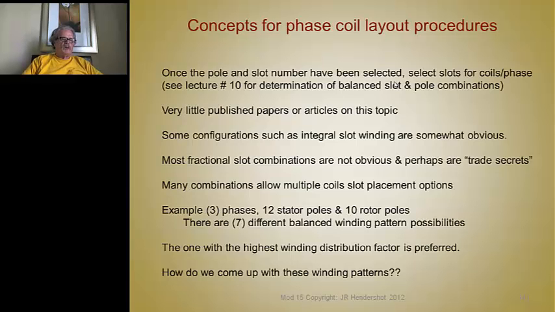You know, like a 4-pole, 12-slot stator. The coil location for that is pretty simple, pretty obvious, and multiples of that, 8-pole, 24 slots, all those are pretty obvious as well. Full pitch, short pitch winding, those are pretty obvious, but the fractional slot combinations are tough to figure out, and you almost suspect that companies keep trade secrets.